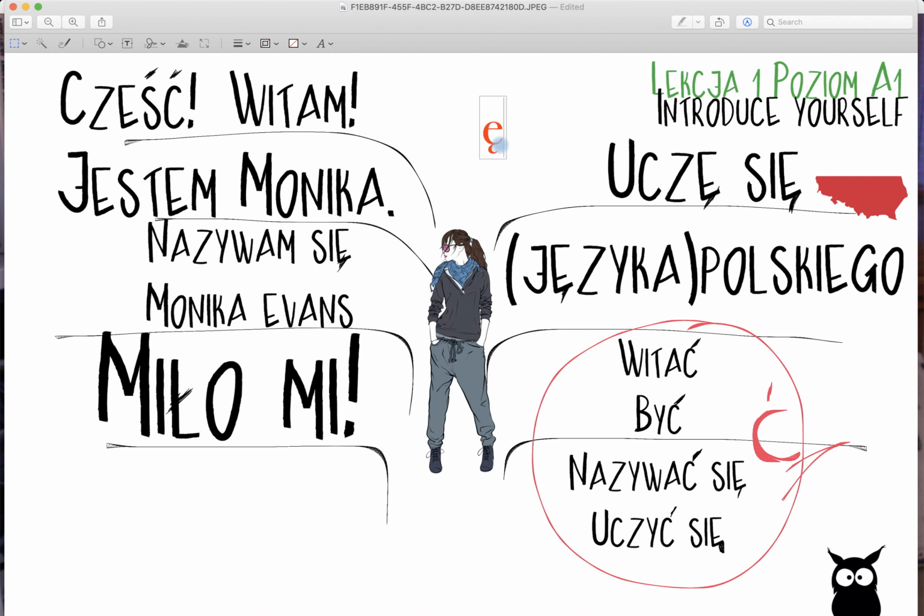And with the little tail, it's one of our two nasals that we have in Polish, and that's ę. This is how we pronounce it when we speak slowly. If I pronounce this word slowly, się, I would pronounce it exactly as it is written.